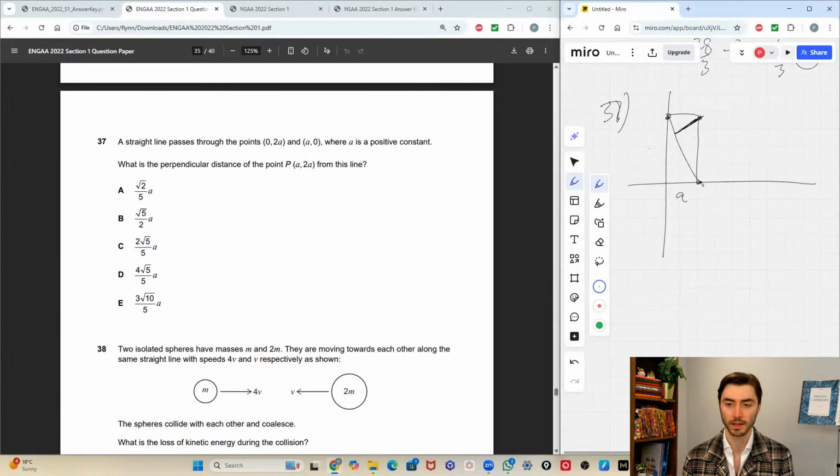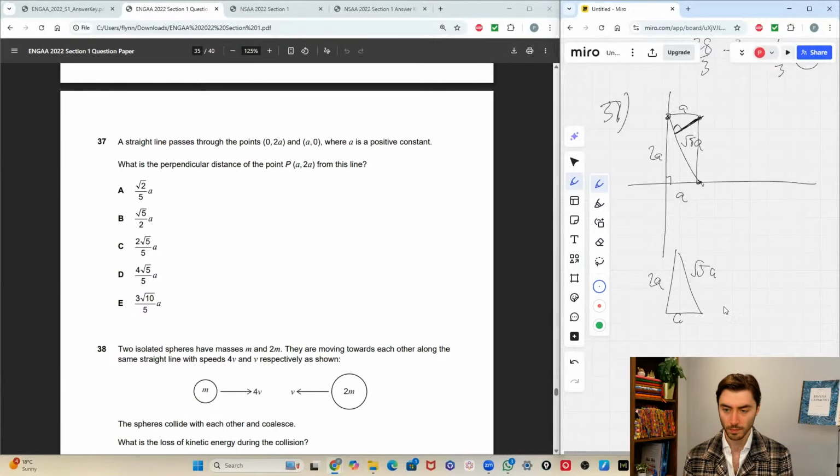So if that's a and that's 2a, this entire thing is root 5a. And these are going to be the same angles. So that's perpendicular, that's perpendicular, so that would be the hypotenuse. So let me use similar triangles. So 2a, a, root 5a.